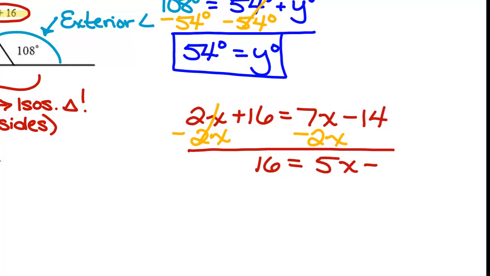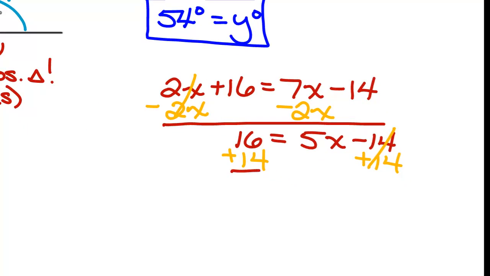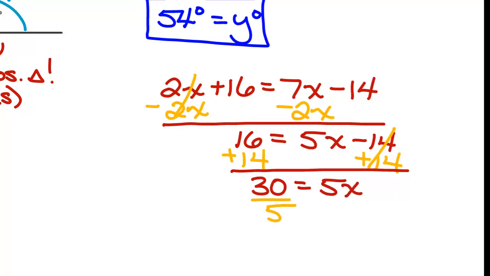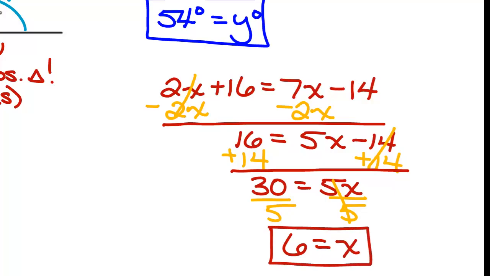So 16 equals 5x minus 14. Then we add 14 to both sides to make it cancel out on the right. What is 16 plus 14? 30. So I have 30 equals 5x. We divide both sides by 5, and x equals 6. Nicely done.